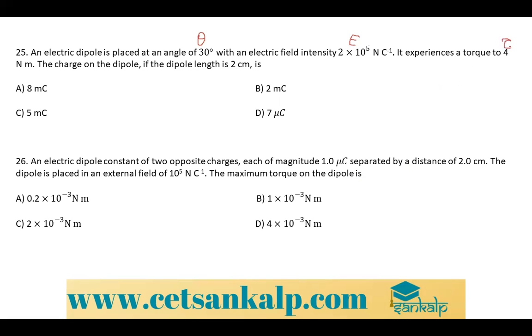So tau they've given as 4 Newton meter. The charge on the dipole, if the length L is given. Okay, we have the formula. Tau is equal to PE sin theta. But instead of writing P, can I write it as QL?